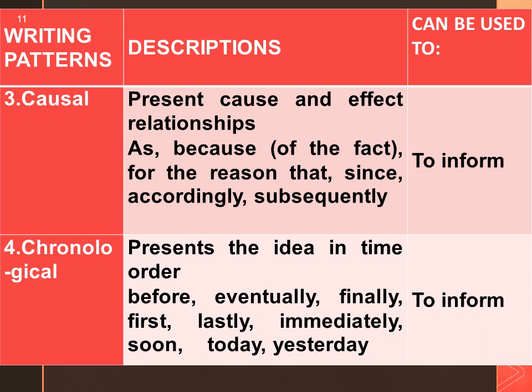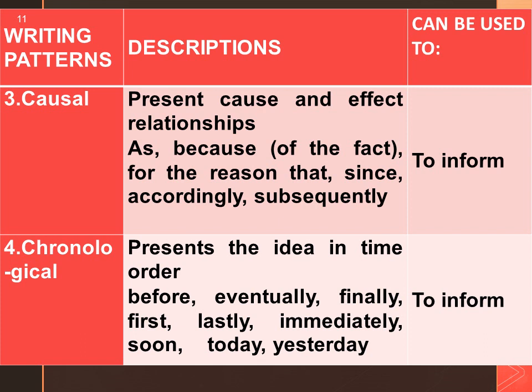We have the following keywords: as, because, or because of the fact, for the reason that, since, accordingly, subsequently. And this causal writing pattern is used for informing an audience.